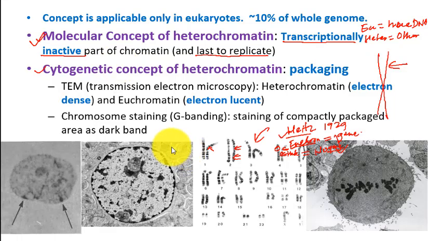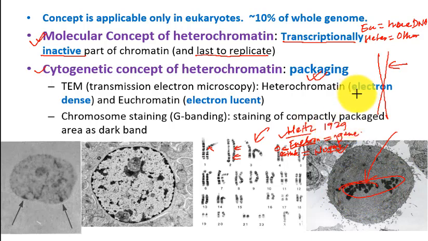Now let's see the transmission electron microscopic concept of heterochromatin, which is about packaging. When DNA is packaged very tightly, when it is completely compact, it will be electron dense.